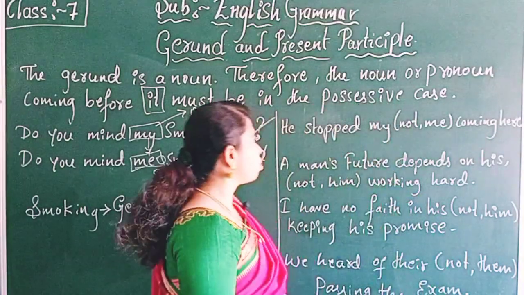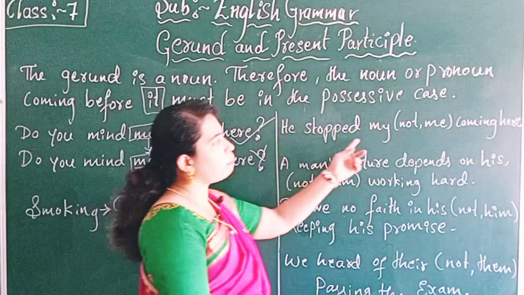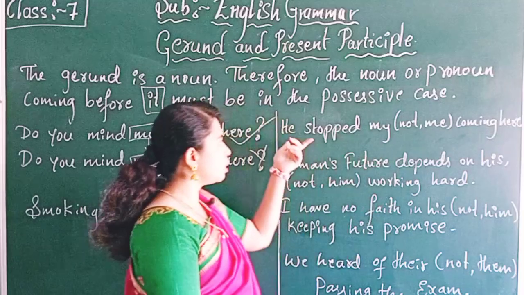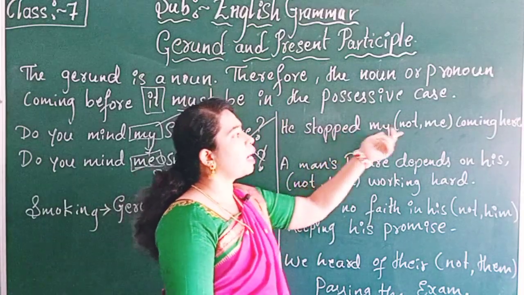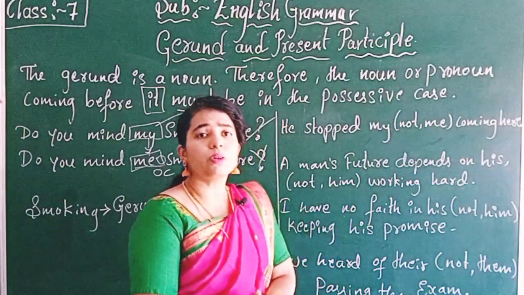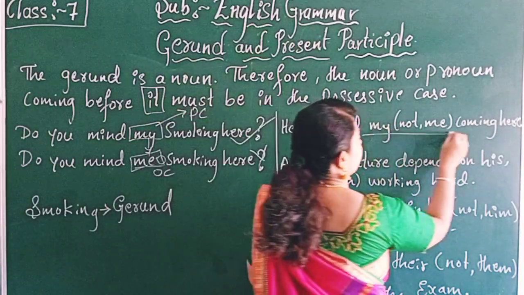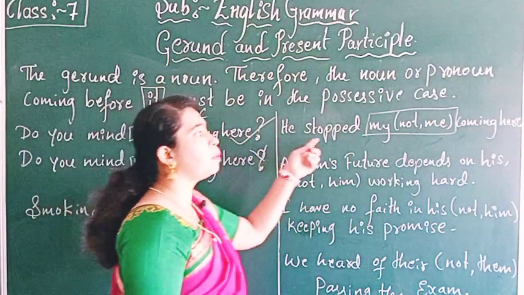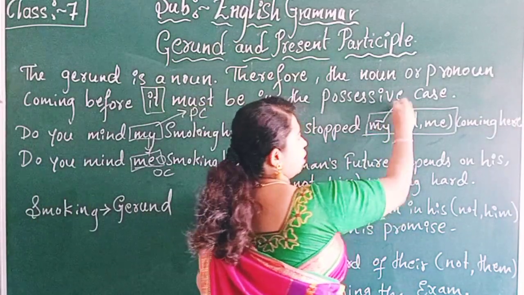I will give a few more examples. He stopped my, not me, coming here. You have to choose among these three which one is right. He stopped my coming here is the right one.